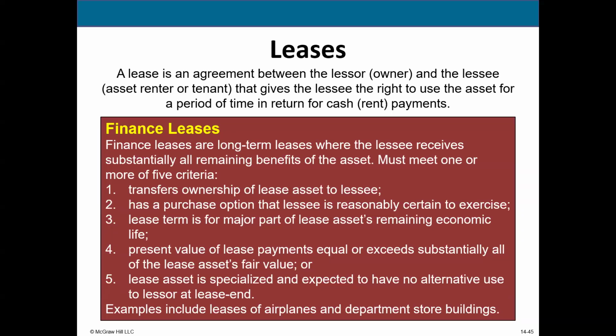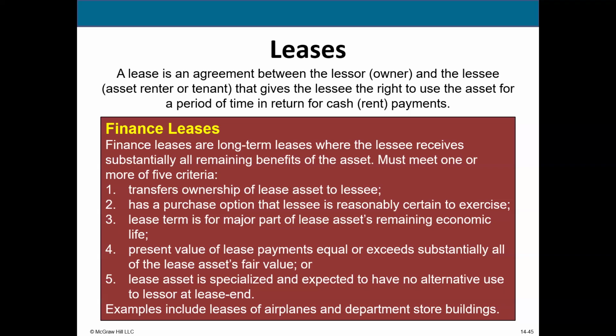Another classic example of that would be in the airline business. The airlines lease the airplanes from Boeing or Airbus. Those airplanes are owned by Boeing or Airbus and they're leased out to the airlines.